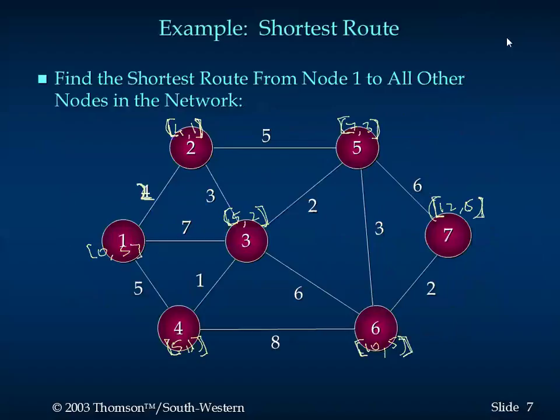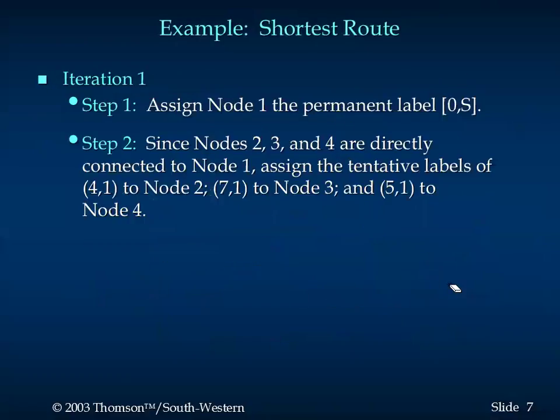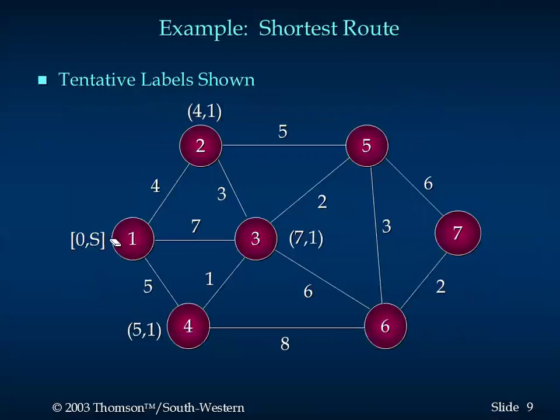Something happened here, right? Oh, the chat. How did we assign 4, 1? I didn't get it. In the beginning, 4, 1 is like this. Okay, so let's go to that. See, basically, the moment this is labeled 0, anything we reach from here, we just add the current distance to the distance on the arc.